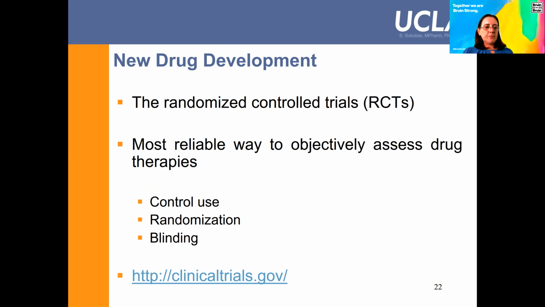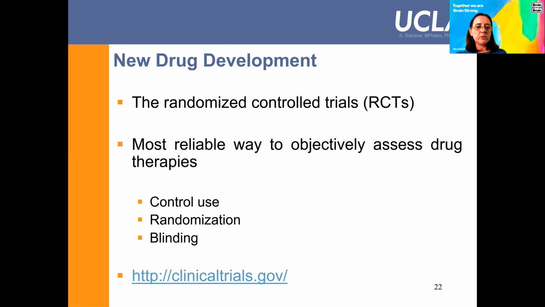And so I showed you the different phases of drug development. Now I want to go through different types of trials that can be done. The gold standard in drug development is to conduct a randomized controlled trial.